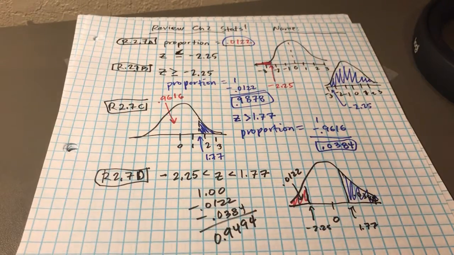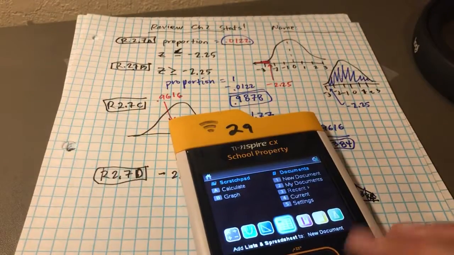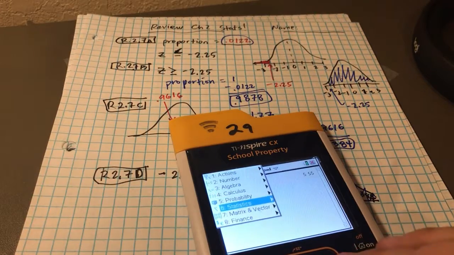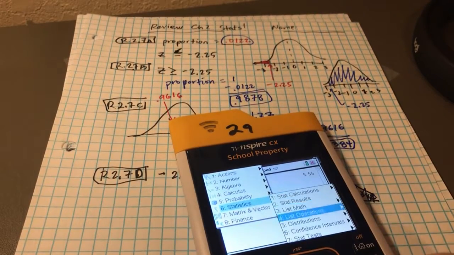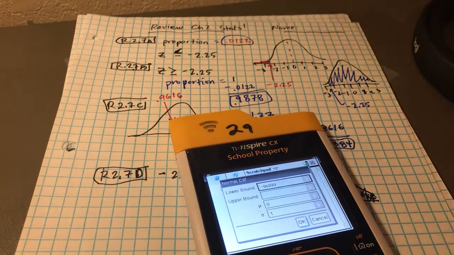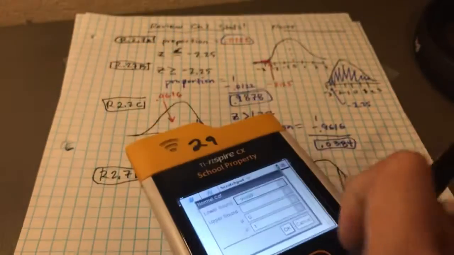Now you may have done these 4 questions totally different. You may have used the calculator. So I wanted to show you though, you could use either way and you still are showing your work. So let's say we did these with this calculator. I can go to stats, distribution, normal CDF, and my first question, my lower bound is a really low number, so I leave that in there.